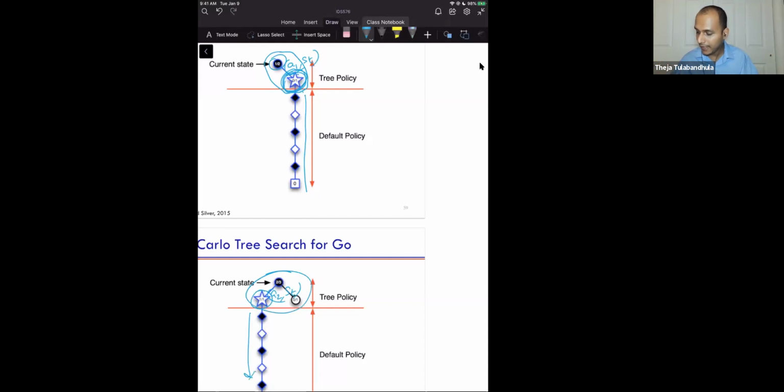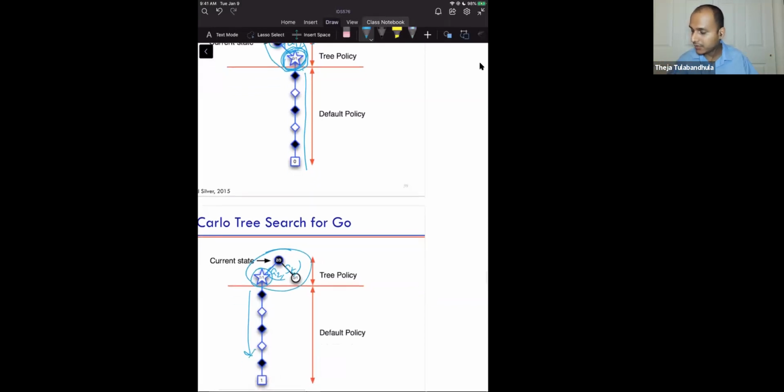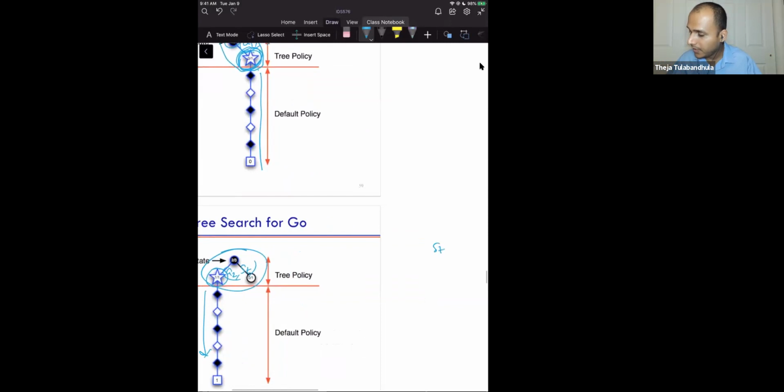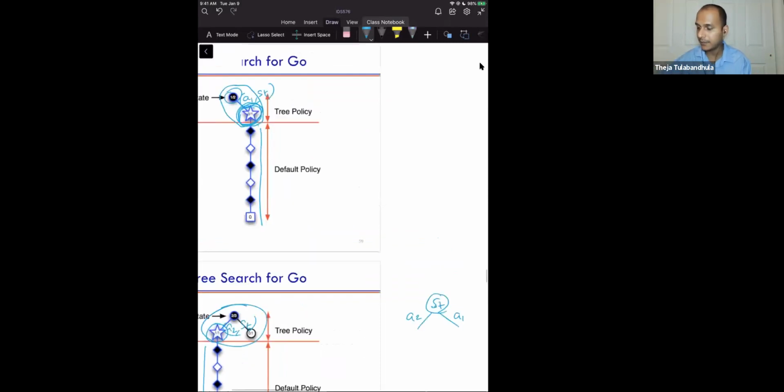Now, what we've done so far is the following. We are at state ST. Let's say there are actions A1 and A2. Initially, in state ST, there was no tree policy and all that. Let's just do a default policy. That was the first slide there.